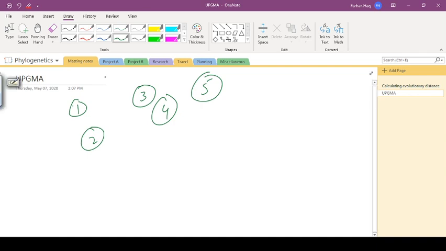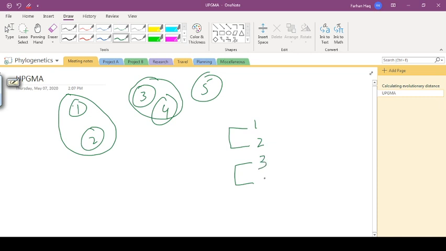For example, here you can see that 1 and 2 are closely related, so it will make a cluster of them. Then we can easily see that 3 and 4 are related, so it will make another cluster of 3 and 4.